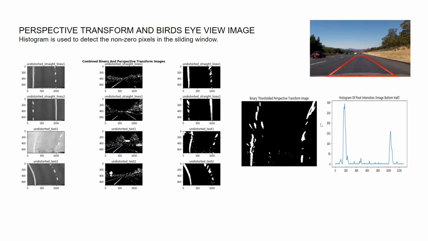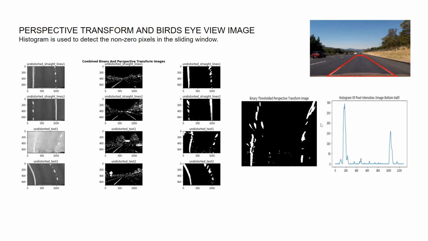In the sliding window technique, the first step is to declare a window of the required size and width, and also define the number of windows we want to use to detect the lane line.